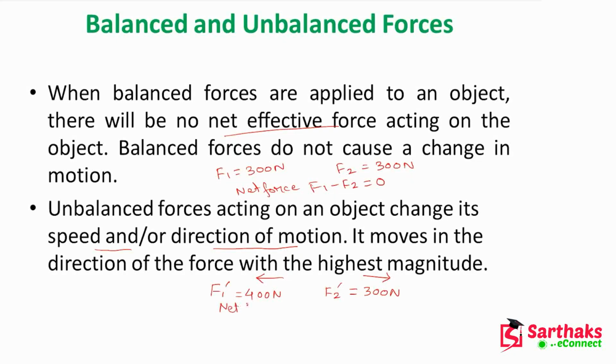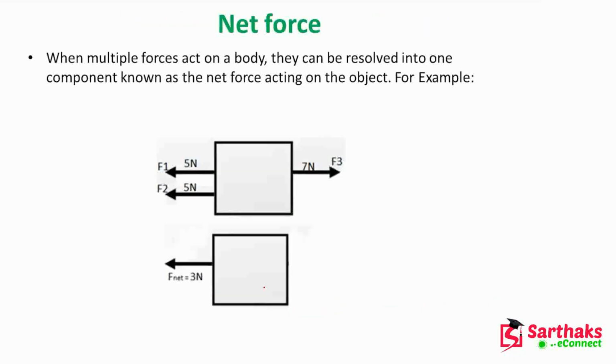So net force equals F1 dash minus F2 dash, that equals 400 Newton minus 300 Newton, that is 100 Newton. And it will be in this direction, because this is the larger one. So this is unbalanced force.